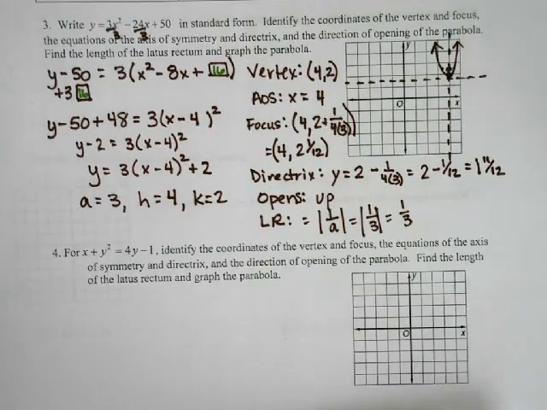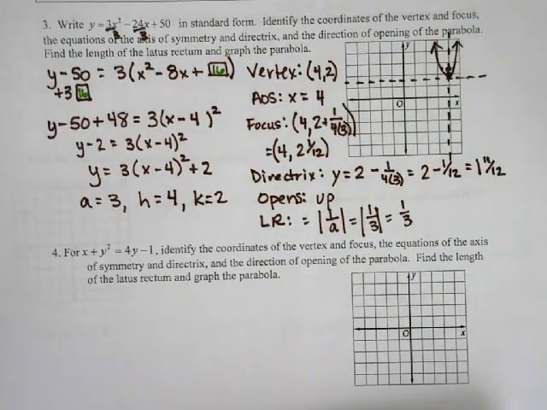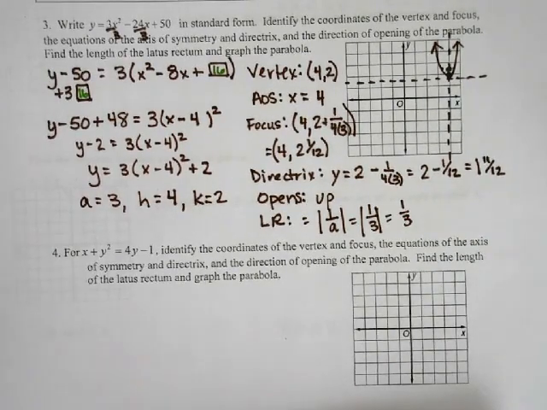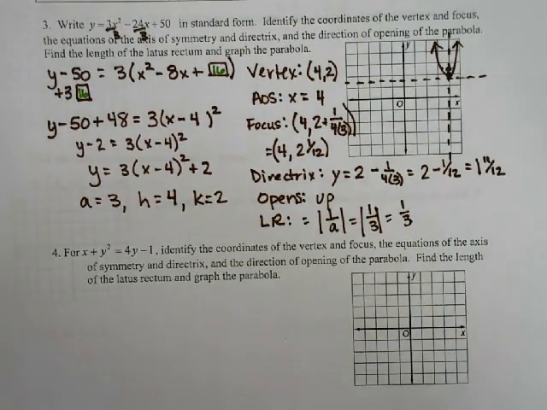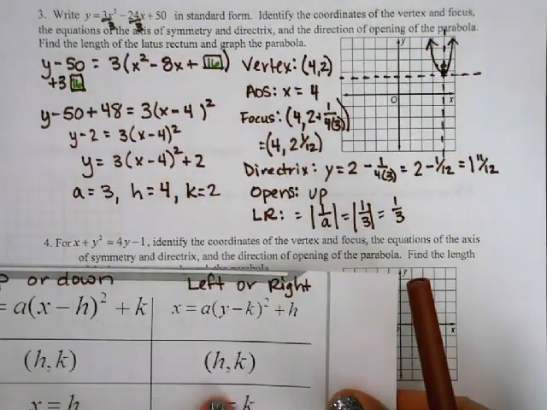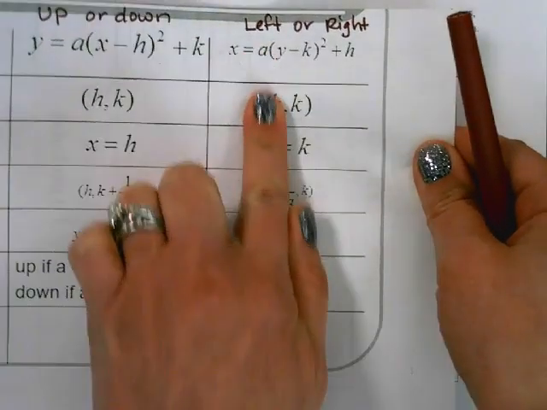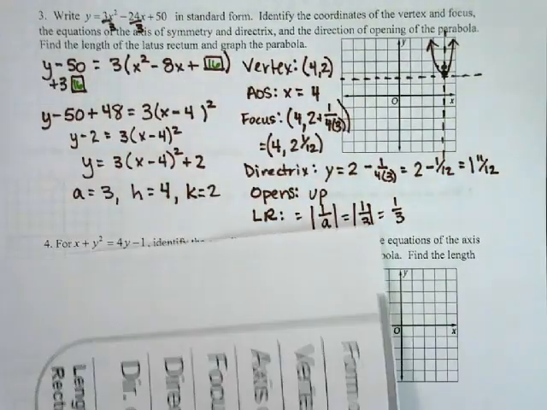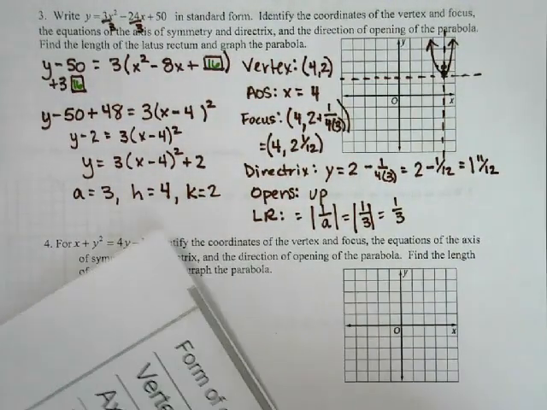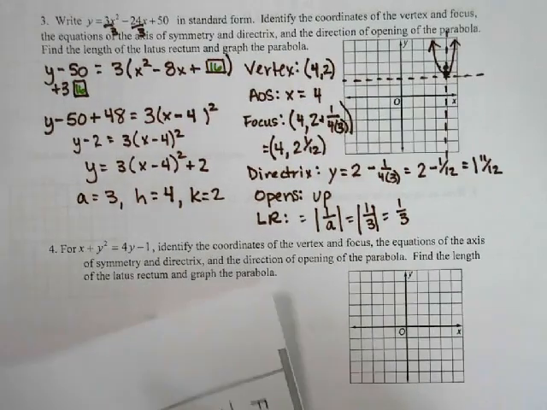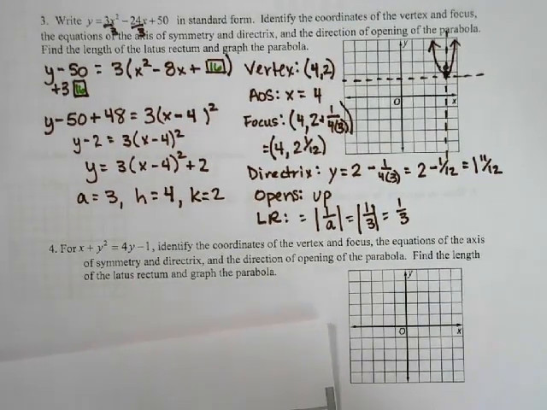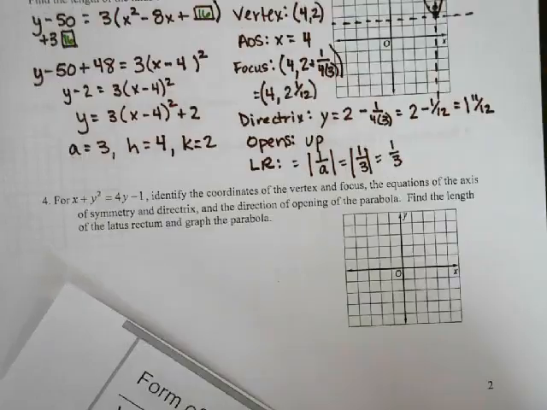Okay, let's do number 4. Number 4 is a sideways one. So, we're going to be looking at the very right-hand column of our formula sheet. If you want to do a fancy fold, so you cover that guy up, you can.